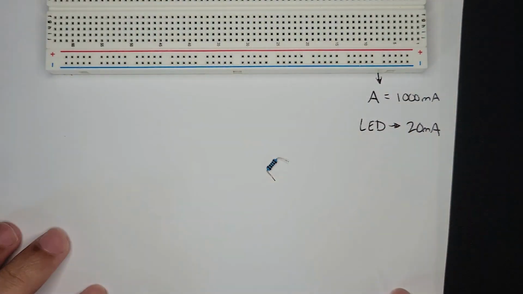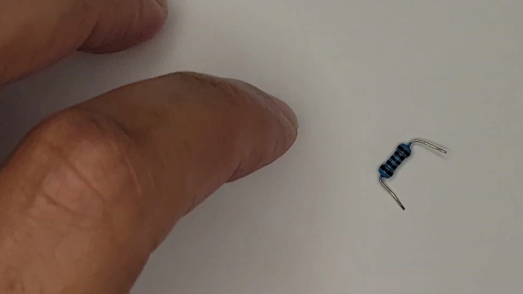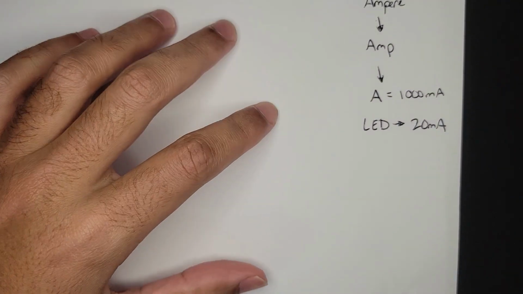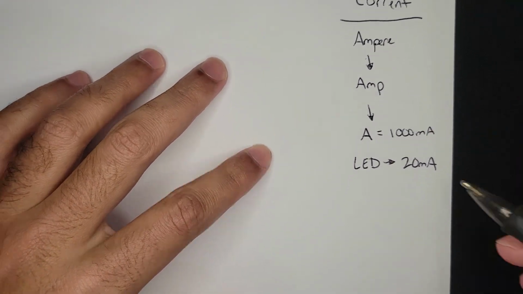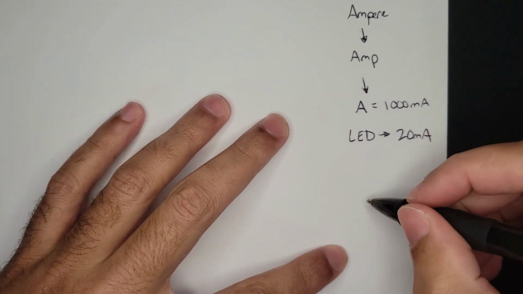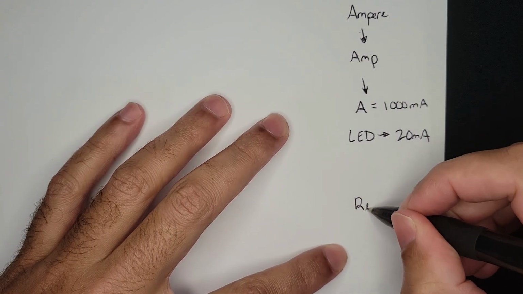This is a resistor. I don't really know what kind of resistor it is. I'm still a beginner at this stuff, but I know it's a conventional and basic resistor. So resistors have values, and those values are measured in ohms. So let's get back over here. So we have our current, and then the next unit we're going to say is resistance.